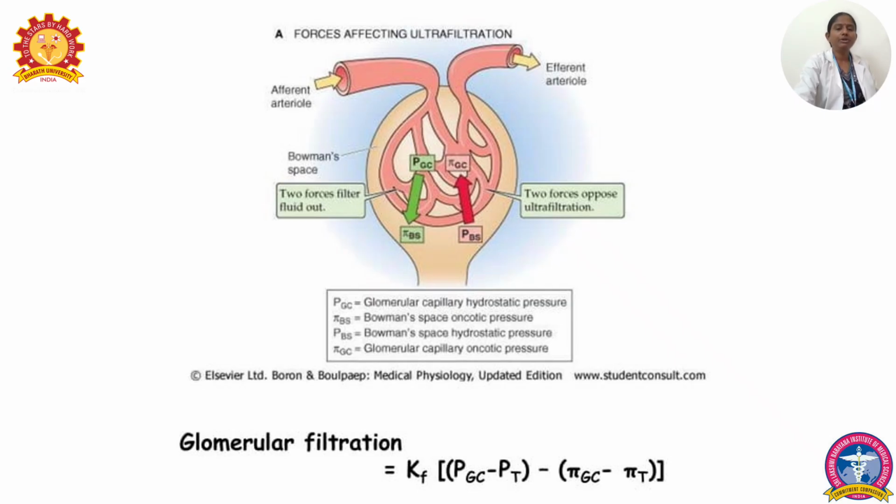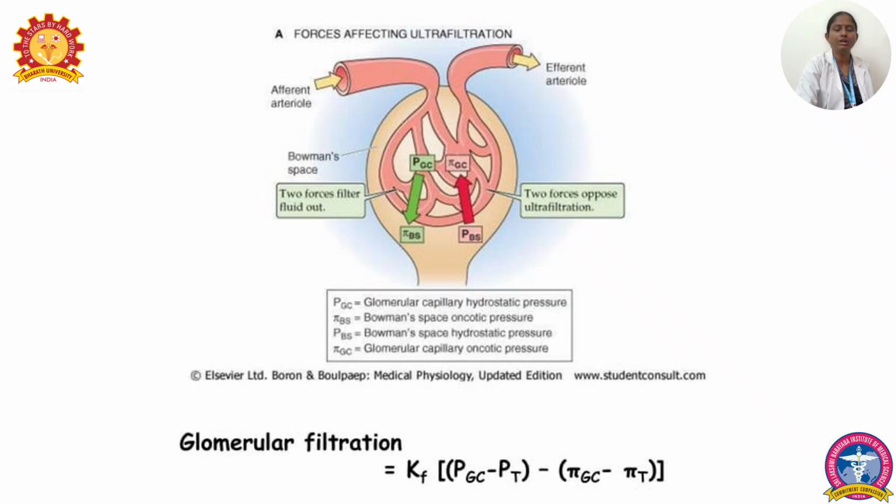So next we are moving on to the factors and the formula involved. We have seen capillary permeability now and the factors it depends on. So the filtration coefficient is Kf here. So we have PGC, PBS, πGC and πBS. This talks about the hydrostatic pressure and the osmotic pressure.